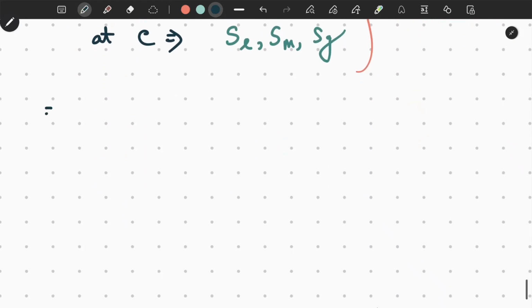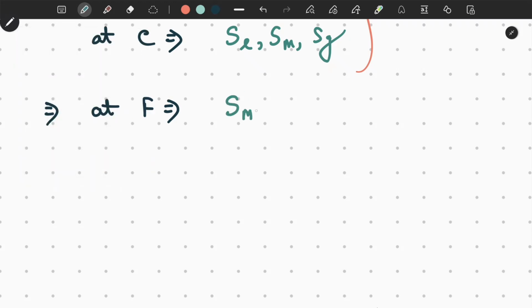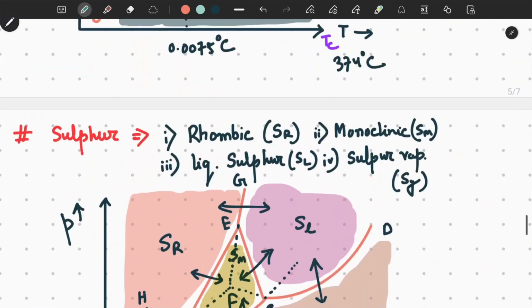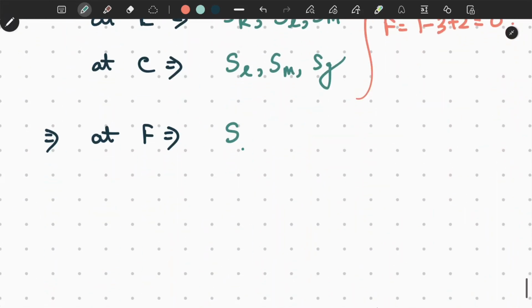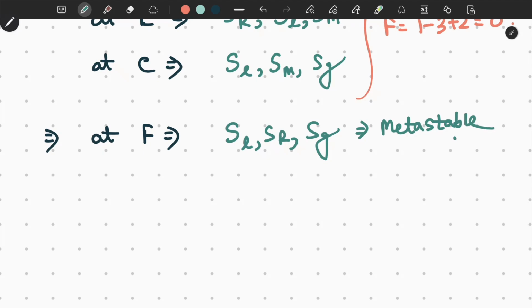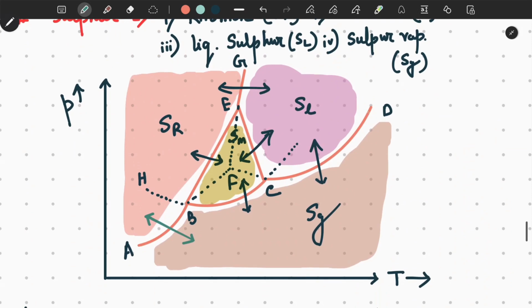One more triple point is there, at F, where SL, SR, and SG coexist. But this is a metastable point. Just like the previous one, we obtain this by extrapolating the curves, so that the gas does not realize it has just converted to SM.